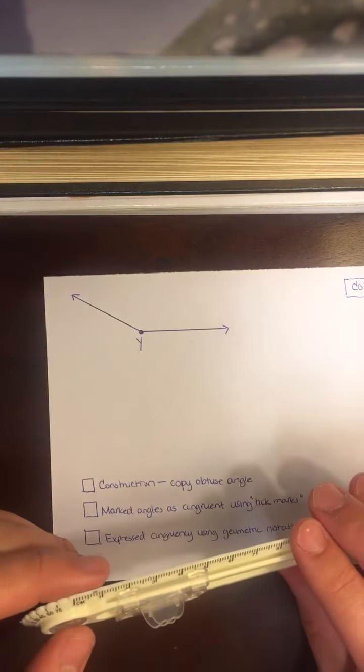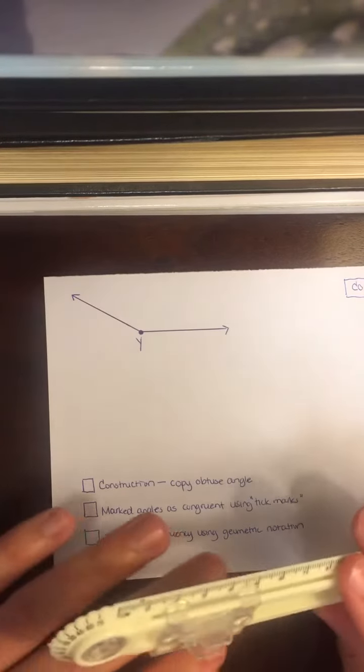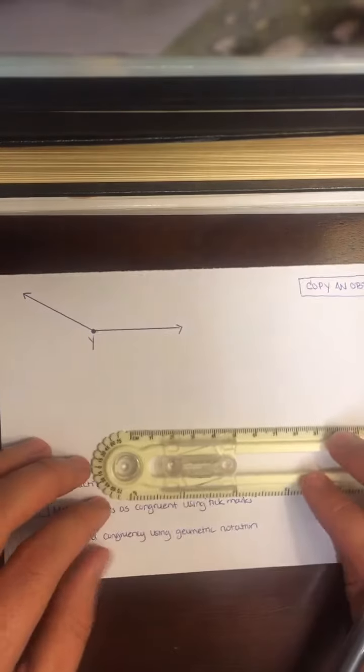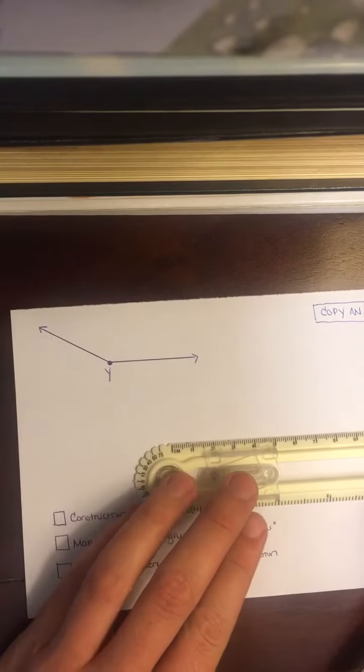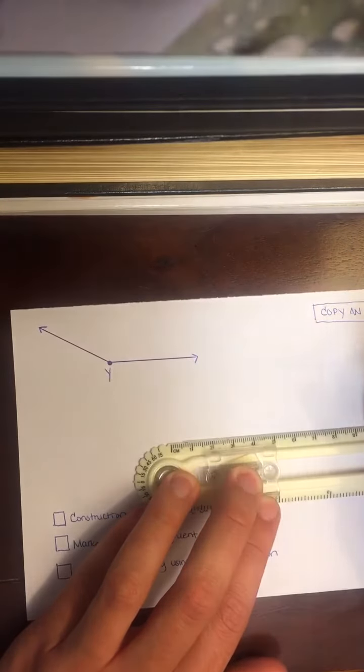If you were to look back at how to copy an acute angle, you would see that the process is exactly the same. It's just the size of the angle has changed. So again, we're going to start off by drawing just a line segment using my straight edge.